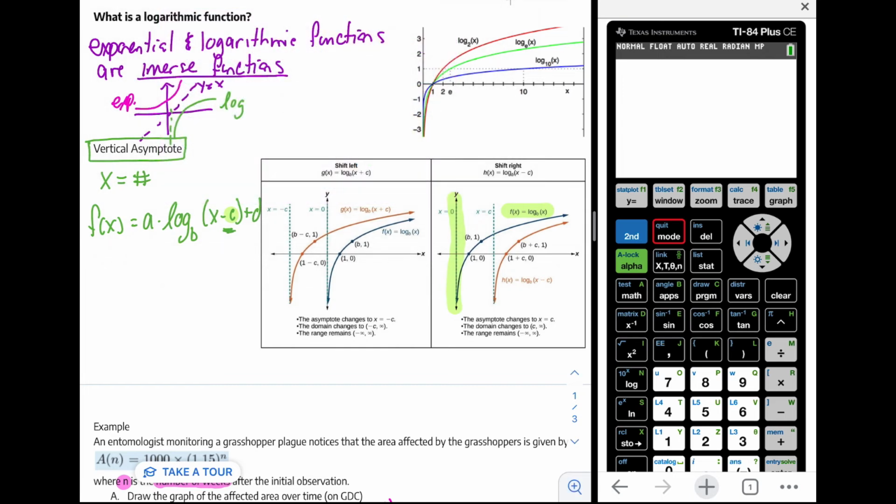If you look at the other function here, where we have minus c, whatever that value of c is, that's going to be our asymptote. So if you want to remember this, our vertical asymptote is always going to be this value of c, remembering it's minus c. But we don't need to remember this, because we're always going to be able to figure it out from our calculators.